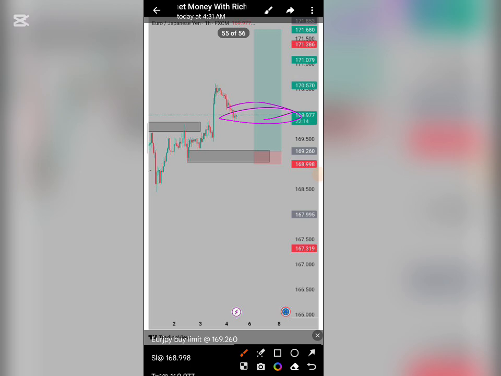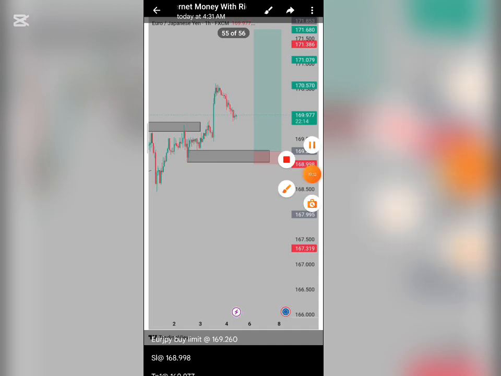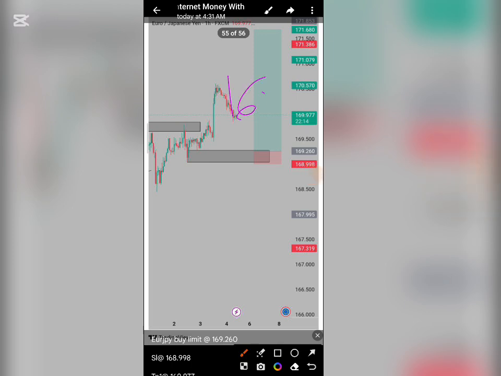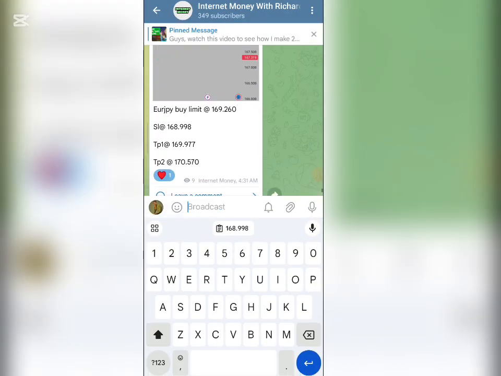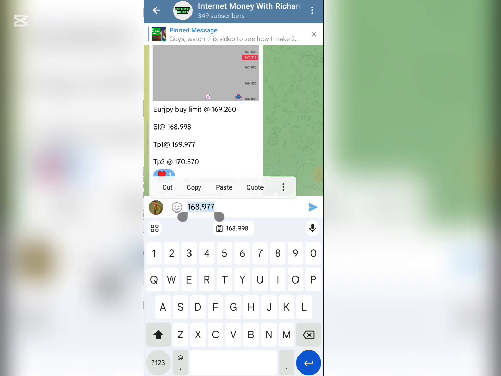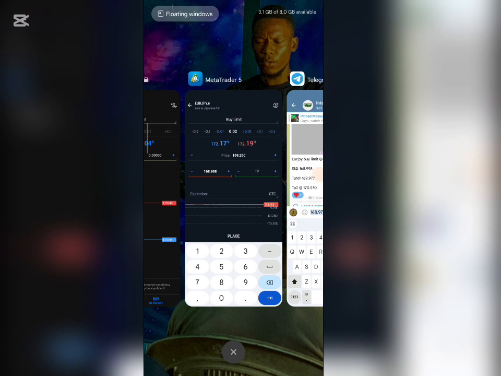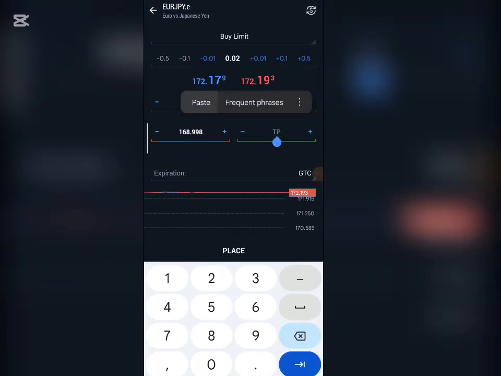You'll get to understand that later. TP1 is 169.977. You type that, then copy and paste. That is TP1.